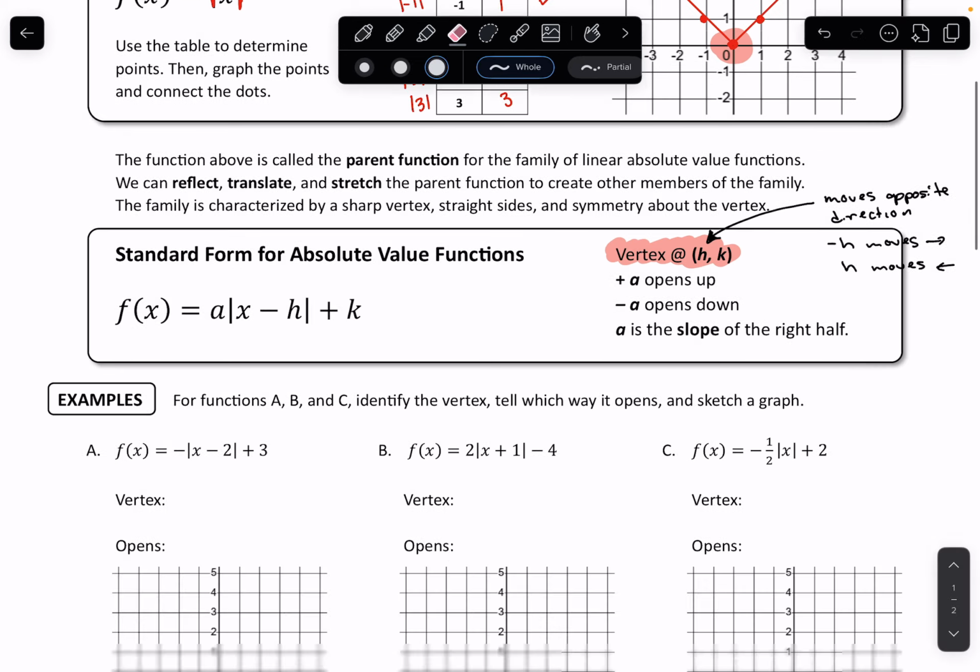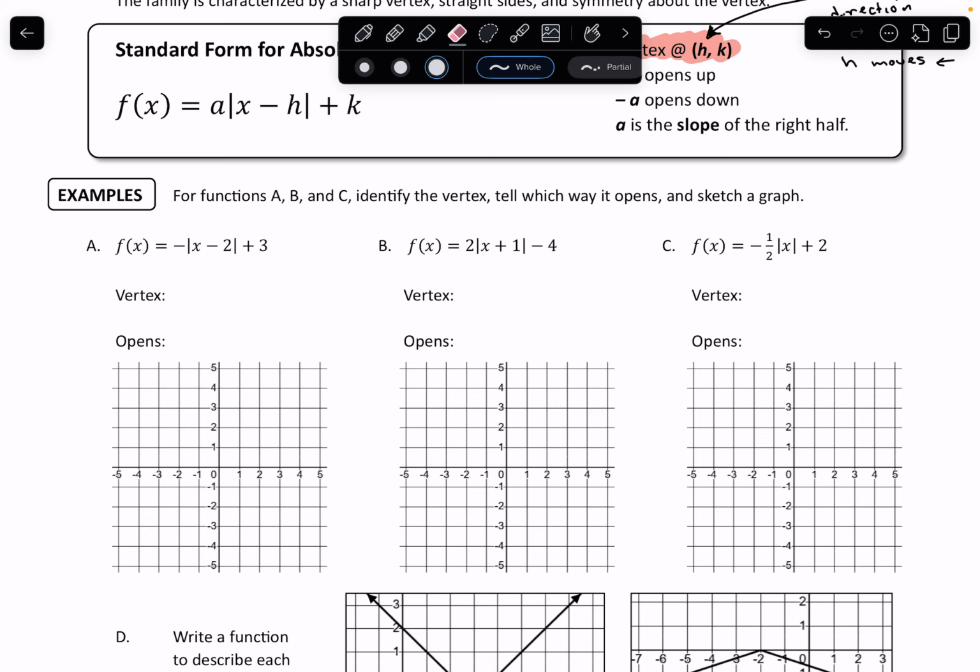So for the first couple examples, it wants us to write the vertex, and then it wants us to state whether the graph opens up or down, and then it wants us to actually draw the graph. So when I look at example A, f(x) equals, I've got a negative out in front. I've got this negative in front of the parenthesis, which tells me that my graph is going to open down.